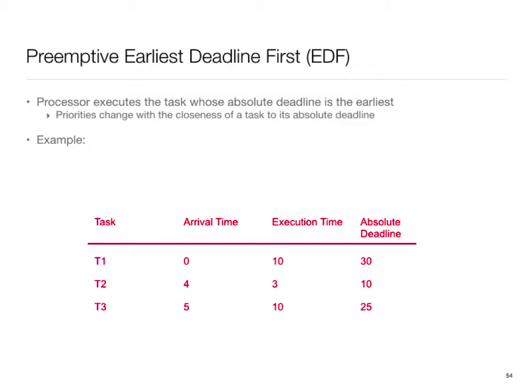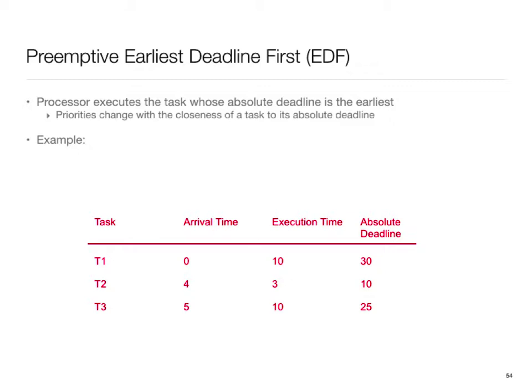As we just discussed, the idea is that I maintain the tasks sorted by their wall clock deadline, and anytime the deadline of the task at the front of the queue is sooner than the deadline of the one currently running on the processor, I bump it off and start running this one. That's the basic intuition.